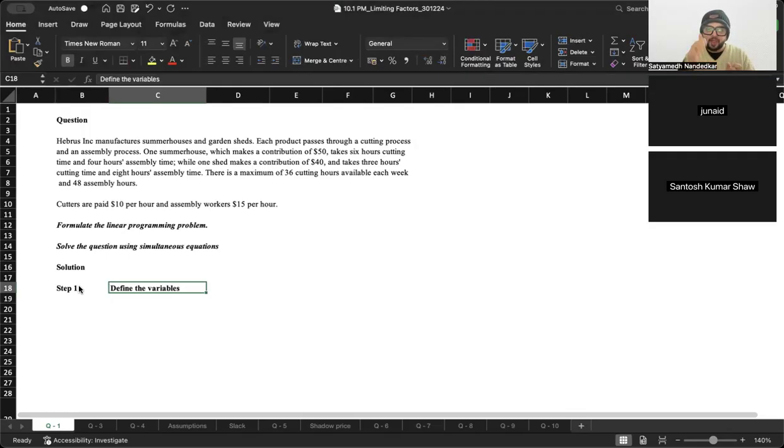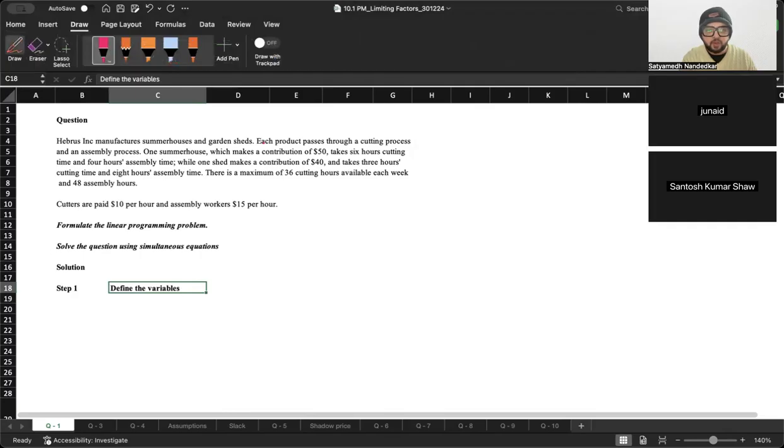You don't know how many units of summer house should be produced, which is one product, and you don't know how many units of the other product, the shed. So there are two products that you are going to produce. You don't know exactly how many units of each should be made in order to achieve an optimum production.